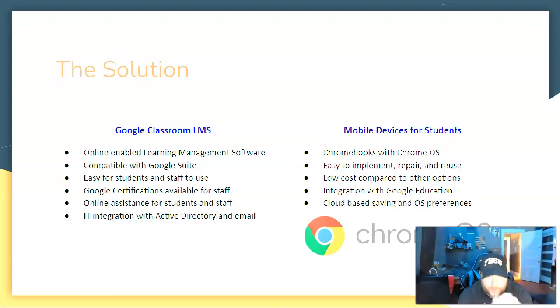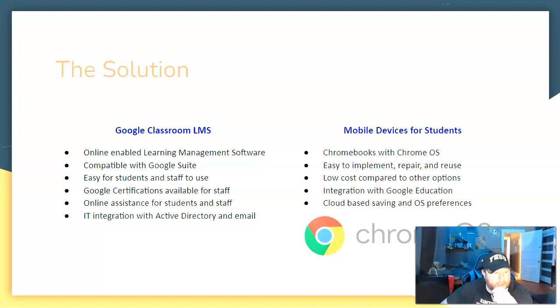So we move over to the right column with mobile devices for the students. Obviously, with Google Classroom, the best option is going to be Chromebooks. They're low cost. They run the Chrome OS software, which is very light, very easy to manage. Makes it easy to repair, reuse. We'll get into the cost per item in the next slide, but this is also going to be easy to integrate with Google Education.